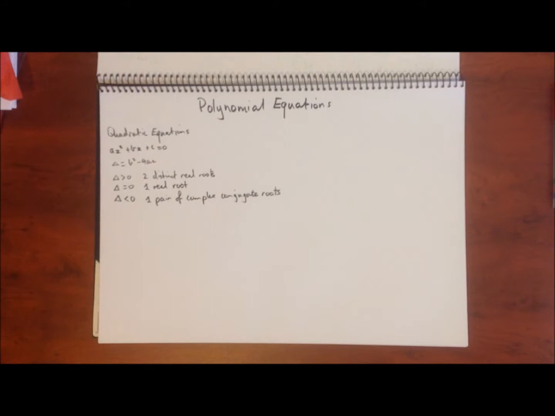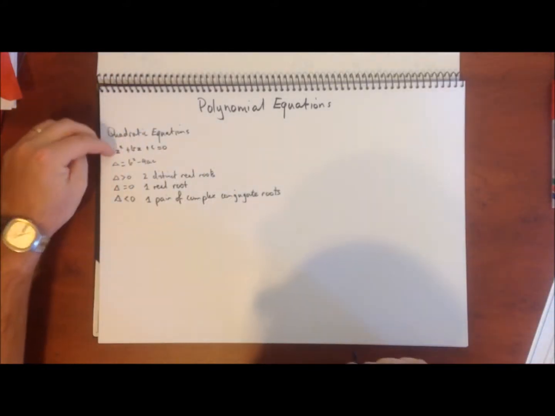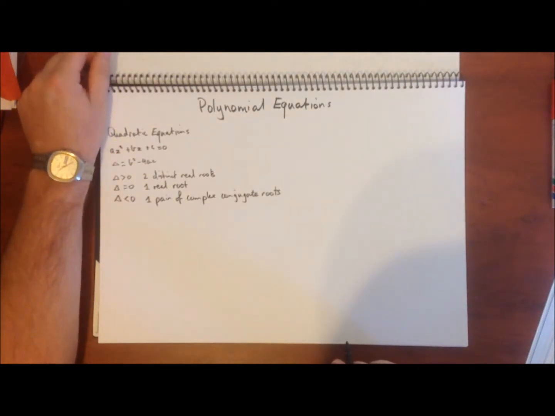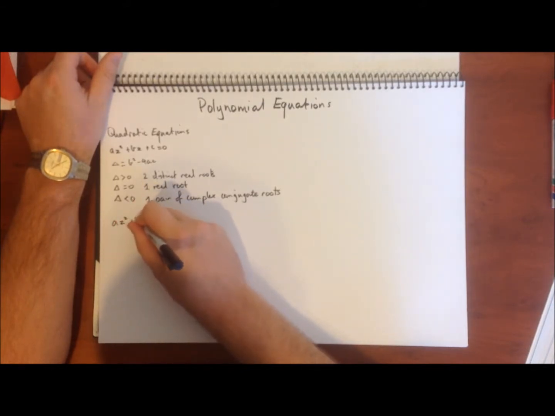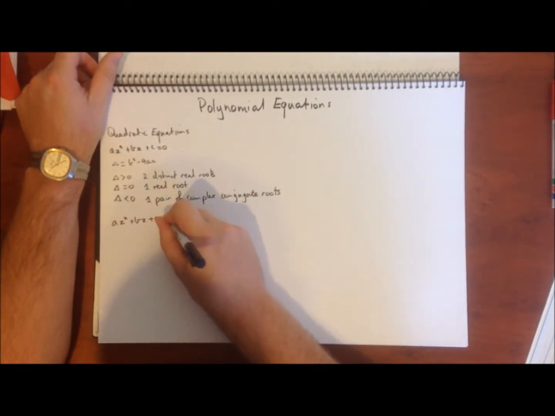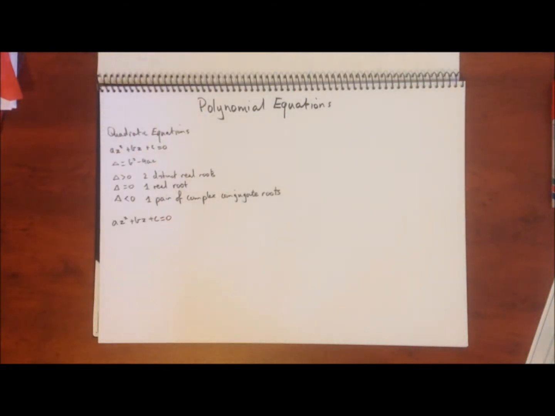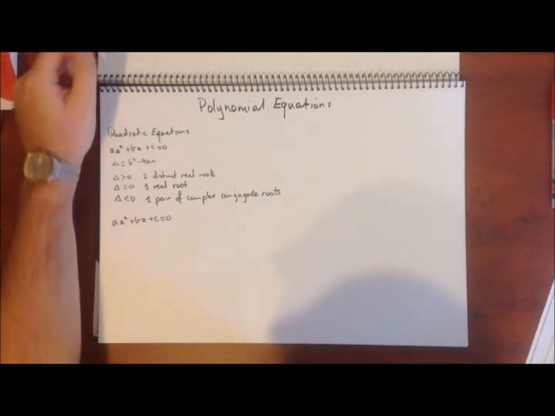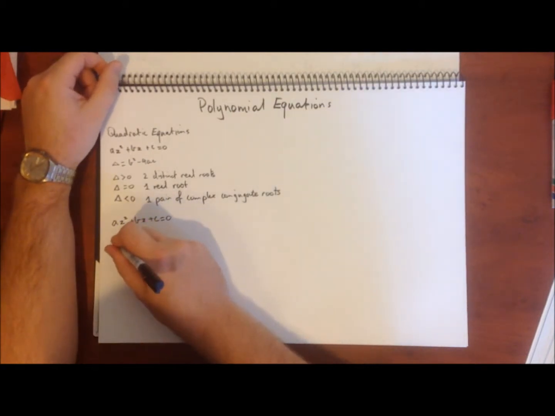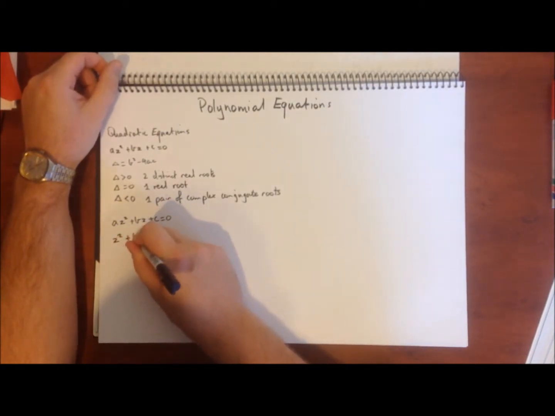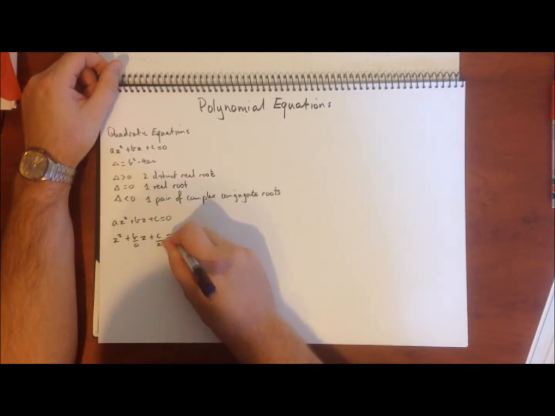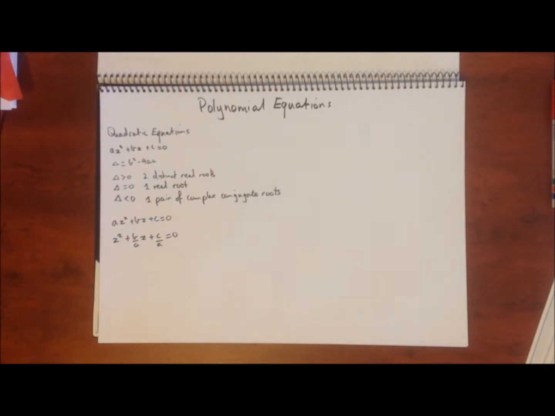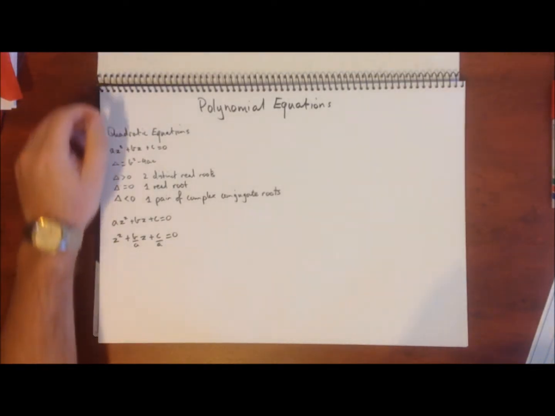But there's a relationship between the roots and the coefficients. If we're starting with our quadratic, az squared plus bz plus c equals 0, we could divide all this by a, so that we don't have a coefficient in front of our z squared.